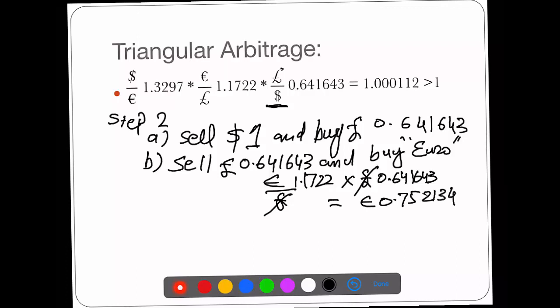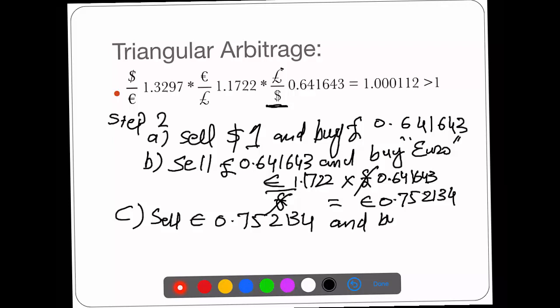Euro 0.752134. And in the final step, I need to now sell the euro of 0.752134 and buy the dollars back, because I started with the dollar, right? And again, I need to set up the numbers in such a way where only dollar should be left.